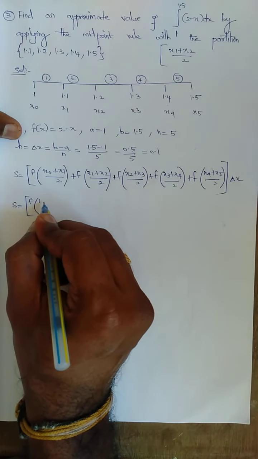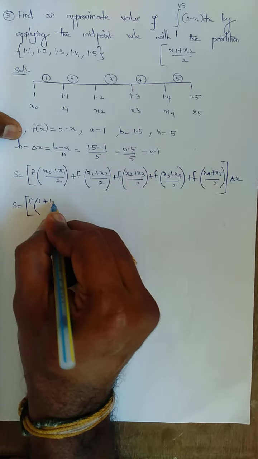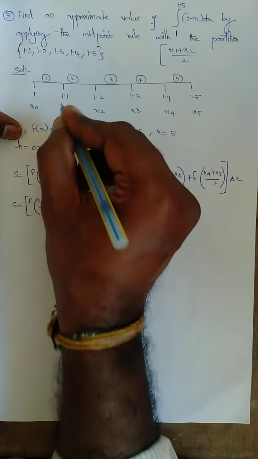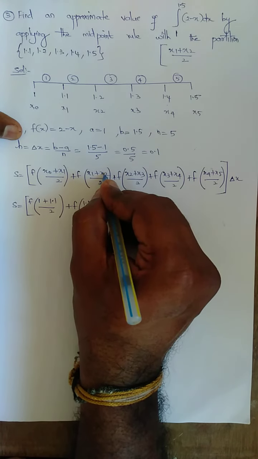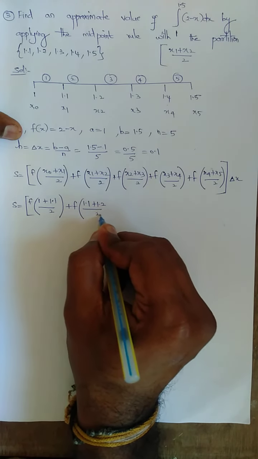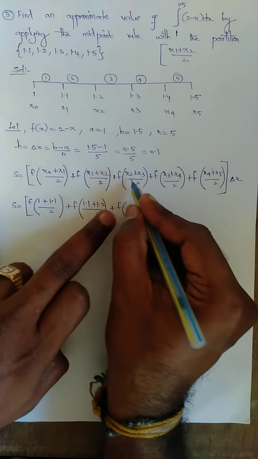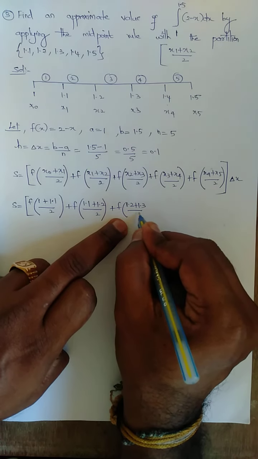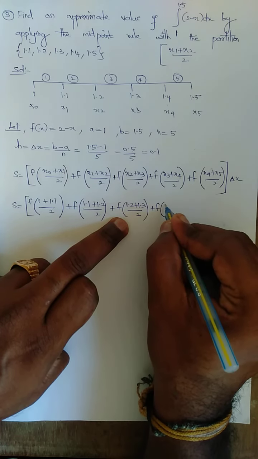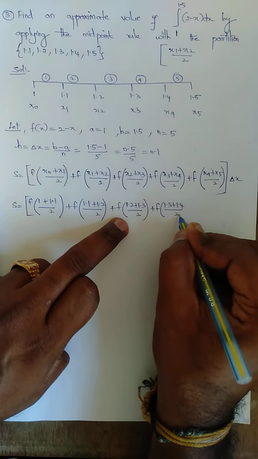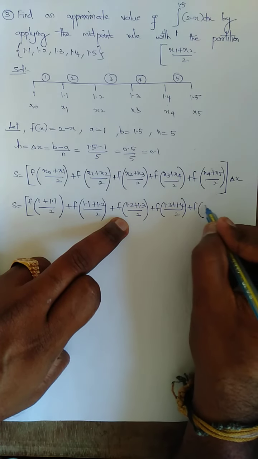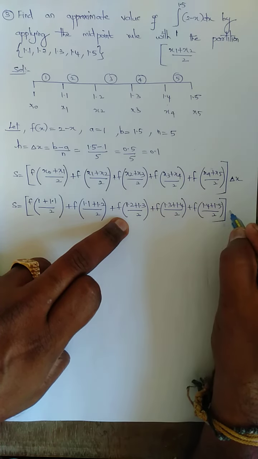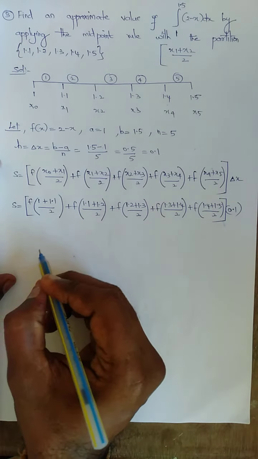Next, S is equal to, open the bracket, f of (x0 plus x1) by 2, where x0 is 1 and x1 is 1.1, plus f of (1.1 plus 1.2) by 2, plus f of (1.2 plus 1.3) by 2, plus f of (1.3 plus 1.4) by 2, plus f of (1.4 plus 1.5) by 2. Delta x is 0.1, this is a multiplication.